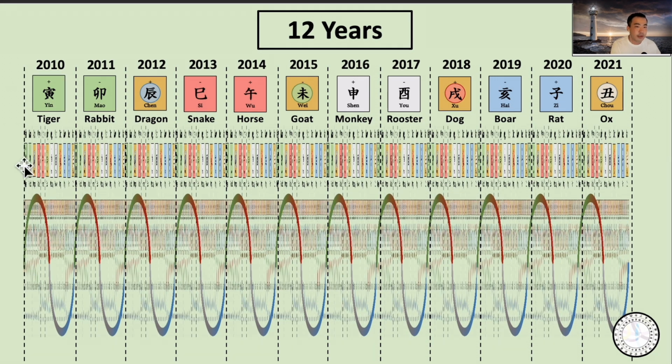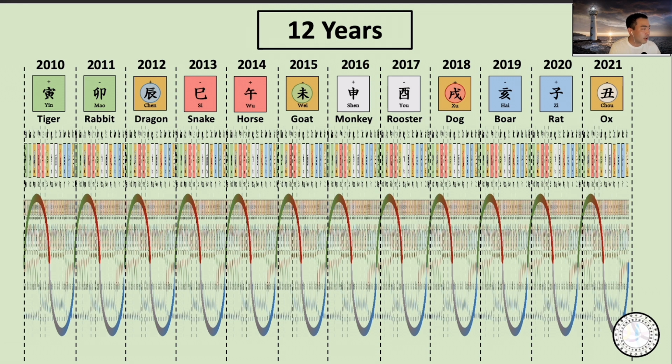This is a 12-year cycle. So each year has 6 months yang, 6 months yin. Each year, like the rabbit year 2011, has 6 months yang, 6 months yin. No different. It is like a repeated pattern for every year. So the first half of each year will always be yang months. The later half of each year will always be yin months.